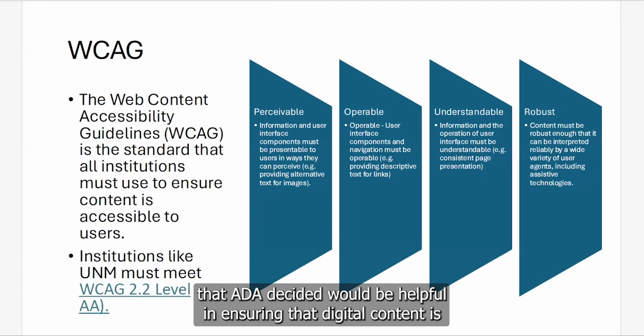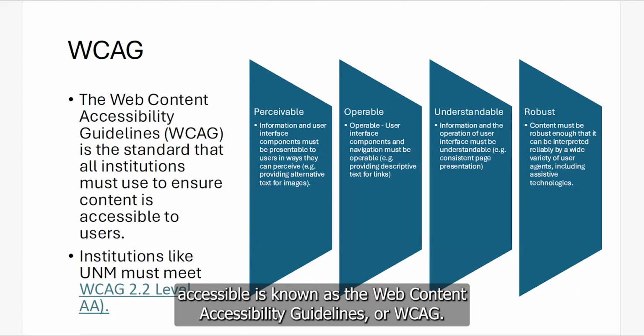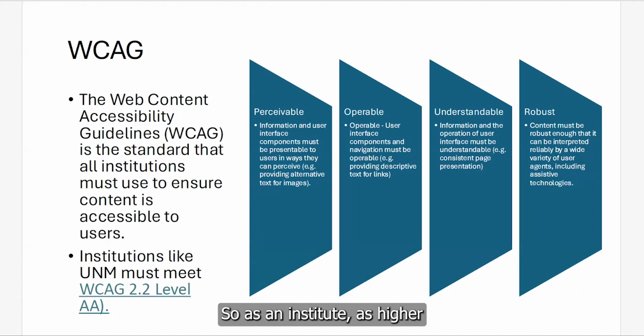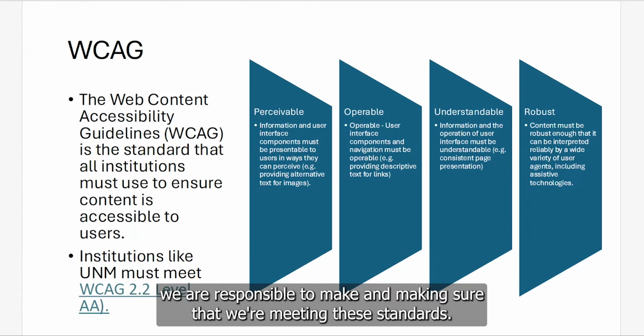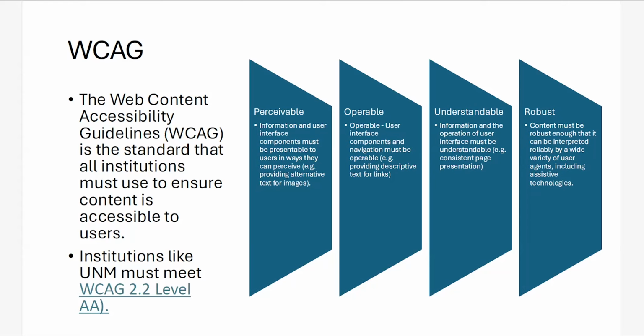The standards that ADA decided would be helpful in ensuring that digital content is accessible is known as the Web Content Accessibility Guidelines, or WCAG. So as higher ed institutions across the state, we are responsible to making sure that we're meeting these standards.